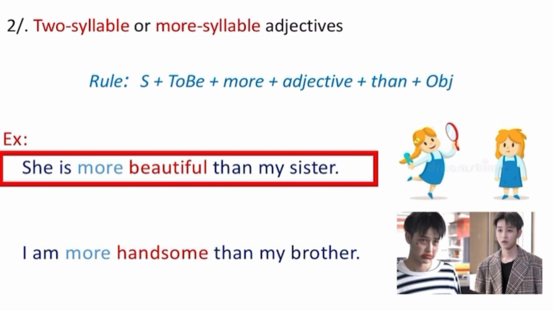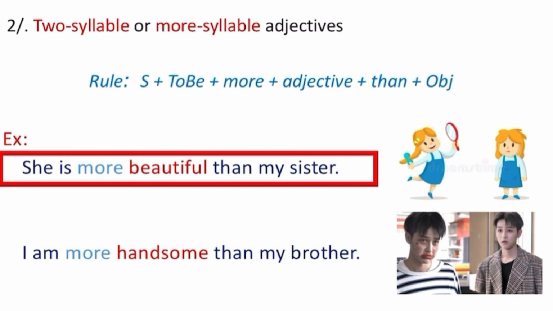It's a more syllable adjective, so there's no special case here. So you just add more when you want to compare. Let's see the full sentence. She is more beautiful than my sister.